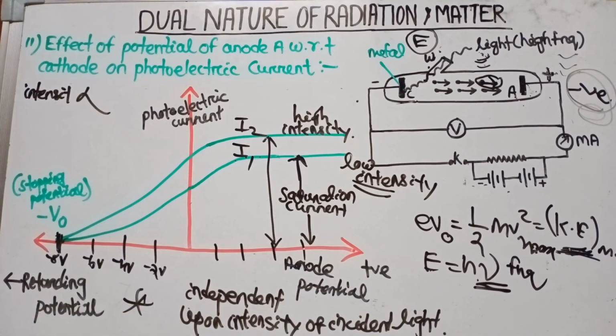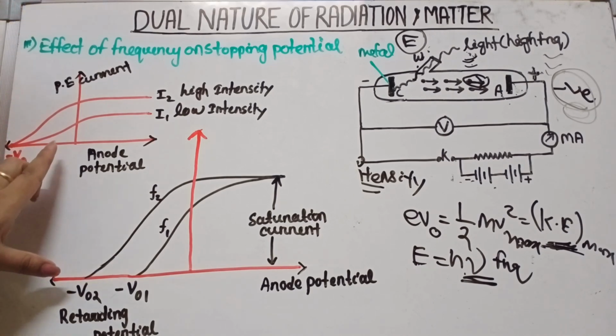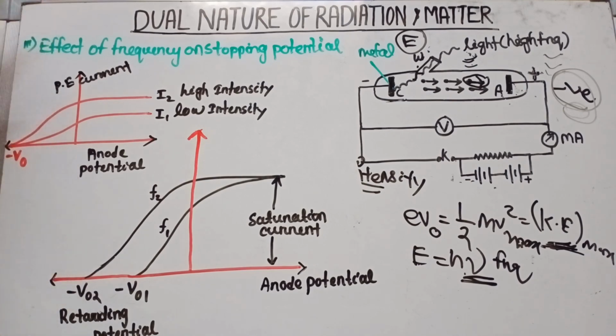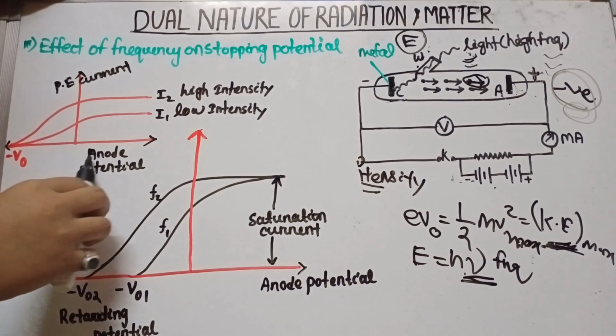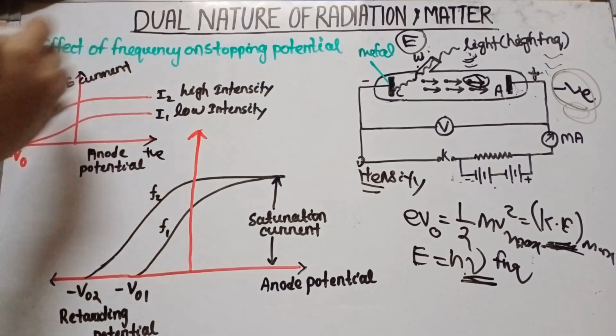Now go to the third characteristic, where we discuss the effect of frequency on stopping potential. Before that, let us just discuss these two graphs. Here this one is the anode potential, this one is the positive potential, and we get the saturation current.